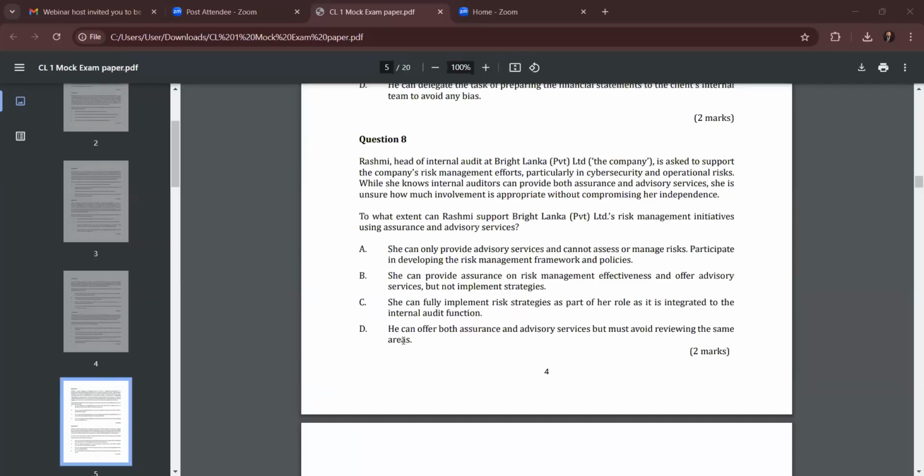As such, they can only provide advisory services, and not implementation of the same.